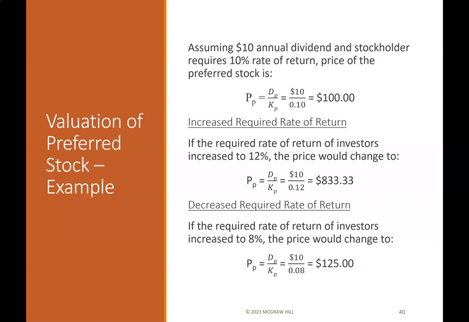If the required rate of return of investors increased to 12%, the price would change to P equals D divided by K equals $10 divided by 12% equals 83.33. Decreased required rate of return. If the required rate of return of investors decreased to 8%, the price would change to P equals D divided by K equals $10 divided by 8% equals $125.